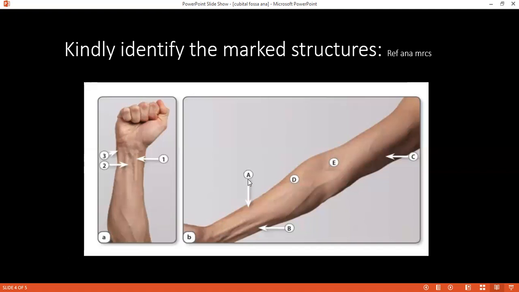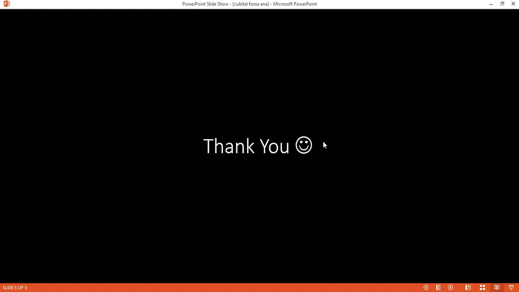In B, what is A? Brachioradialis muscle. Then C is a vein, D and E as well. E is a vein, D as well. This one is the median cubital vein. Good, thank you.